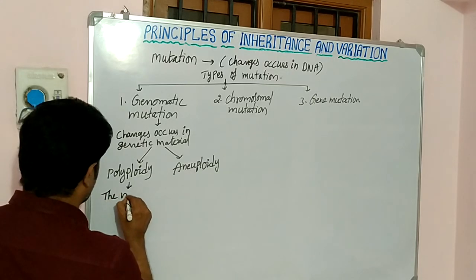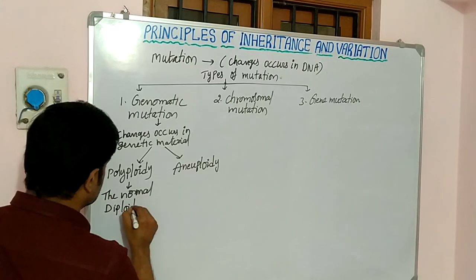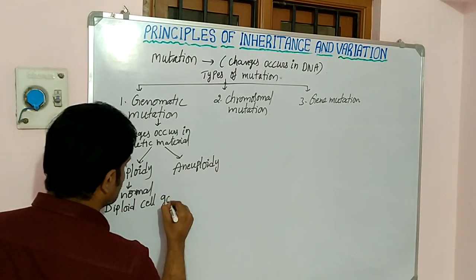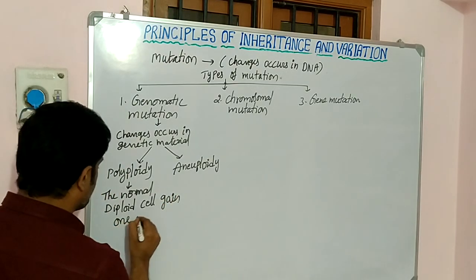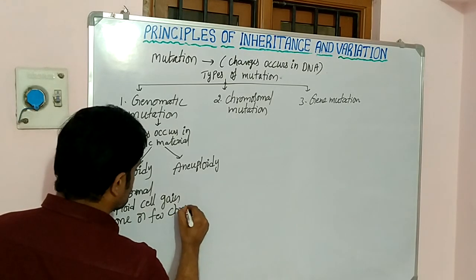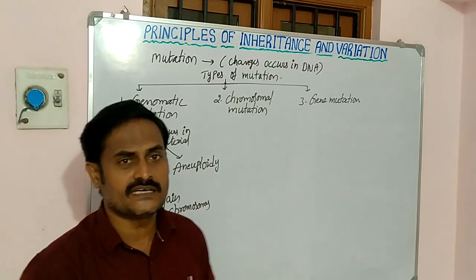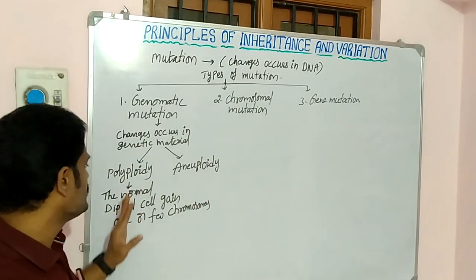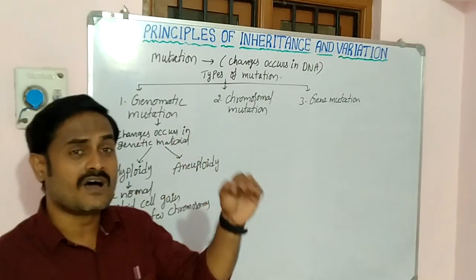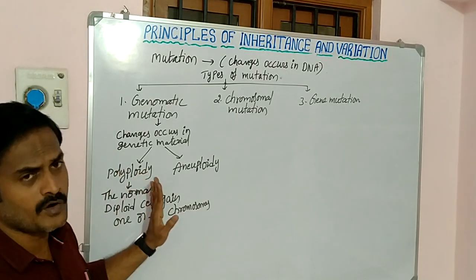The normal diploid cell gaining extra chromosomes is called polyploidy. So polyploidy is when the normal diploid cell gains one or few chromosomes.